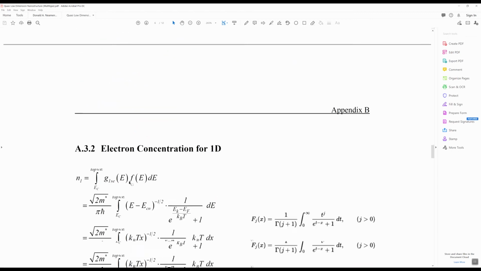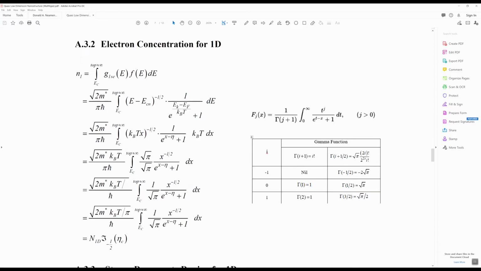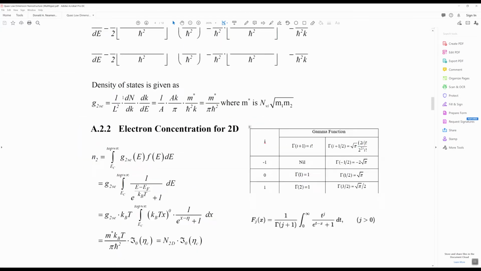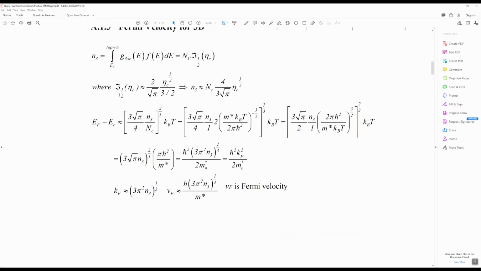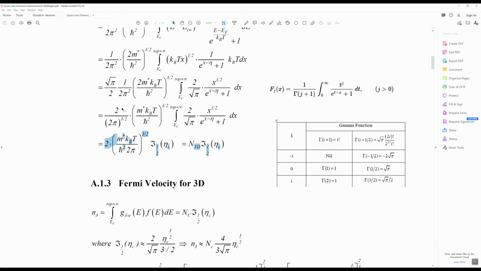Oh, this is not the finished one. These are the ones. So these 3/2, is this correct? Oh, this is for 1D. We have to go back to 3D. Yep, we are back here.